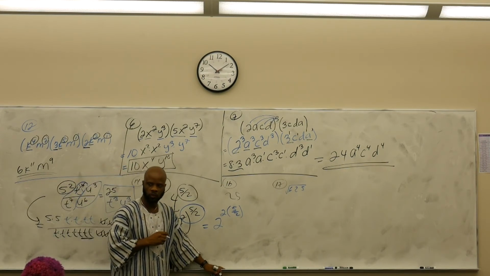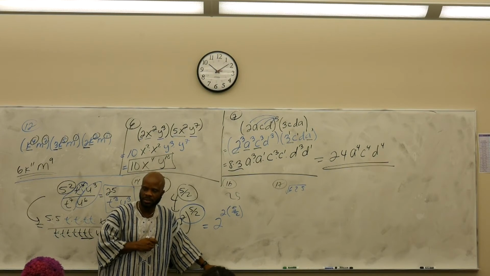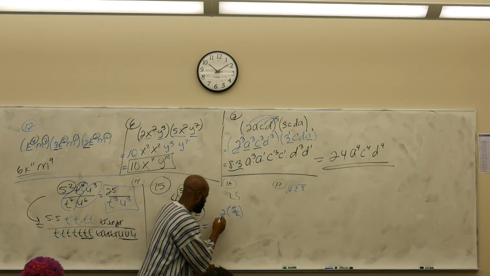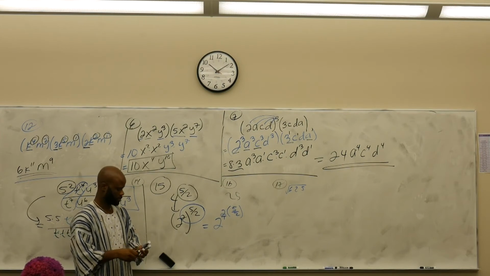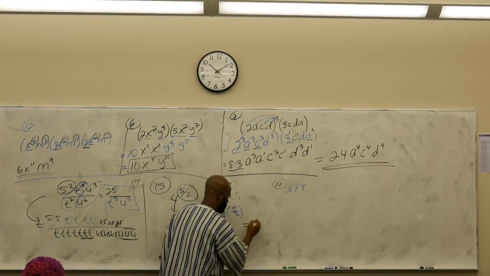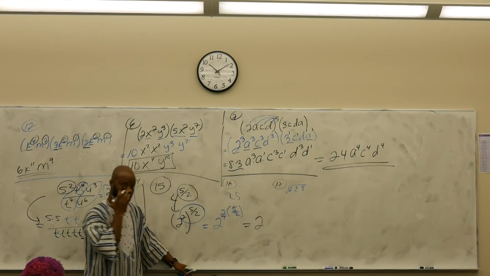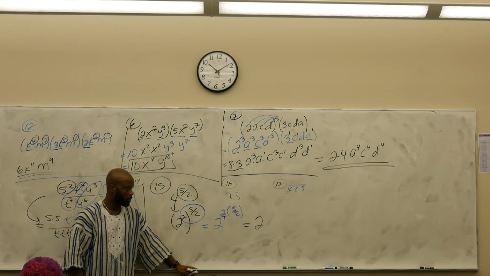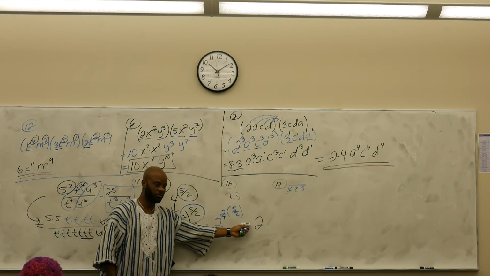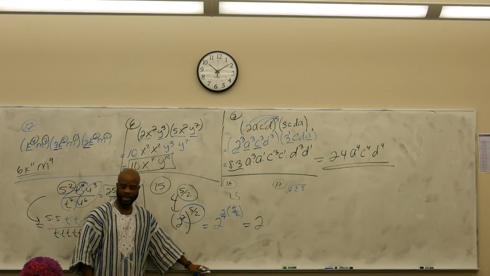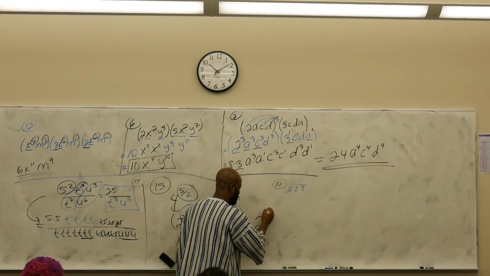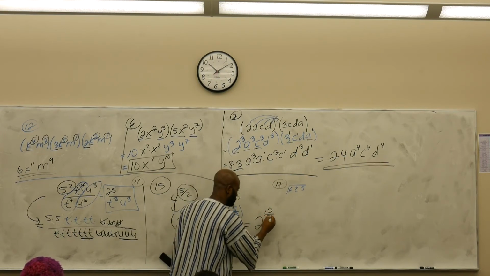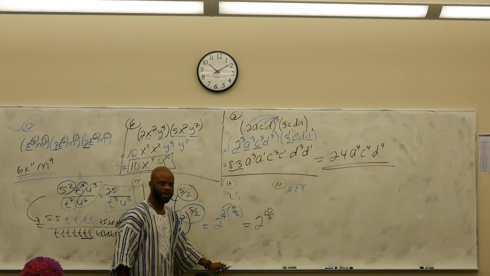If I'm writing 2 as a fraction, what's the denominator? 1. Now we could just cross cancel if we wanted to, right? But again, I don't want a lot of people asking me where I got stuff from, so let's do this. What's 2 times 5 over 1 times 2?